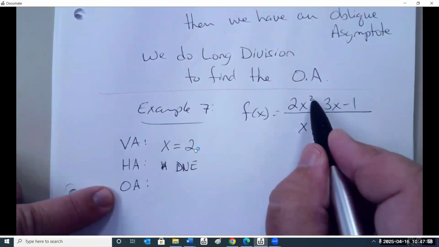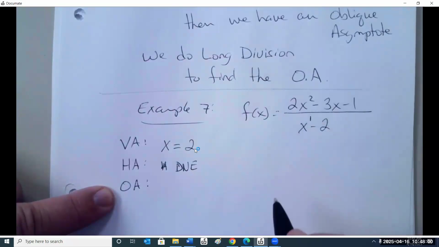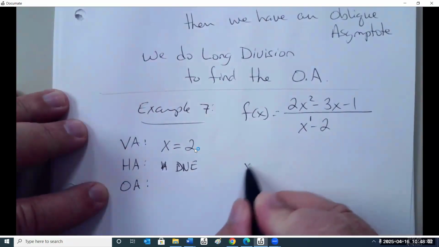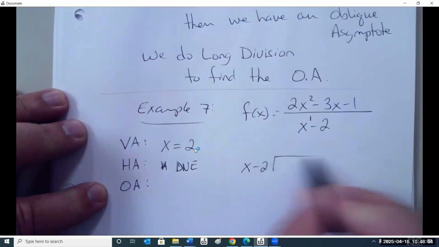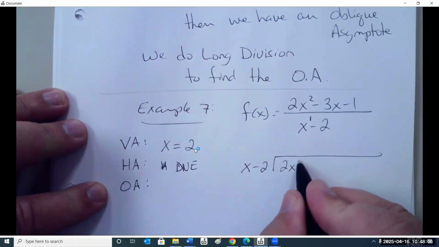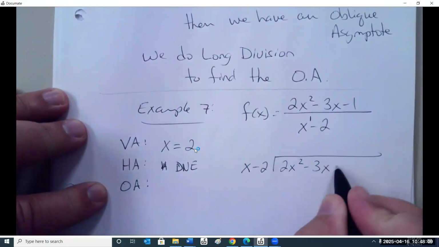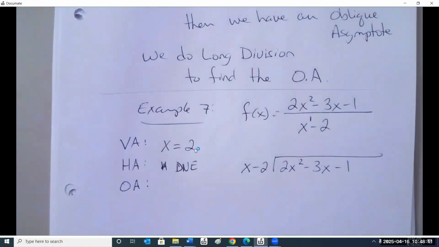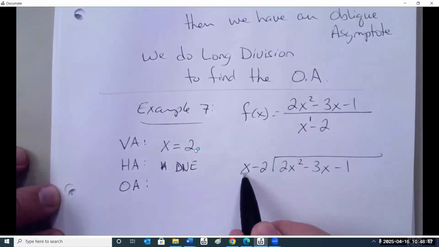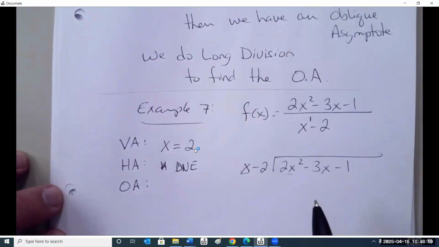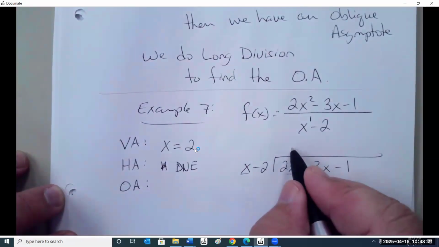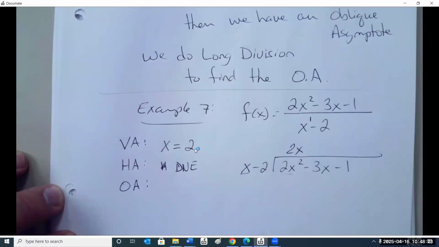But since it's bigger than the bottom by 1, I can do long division. What times x gives me 2x squared? 2x.